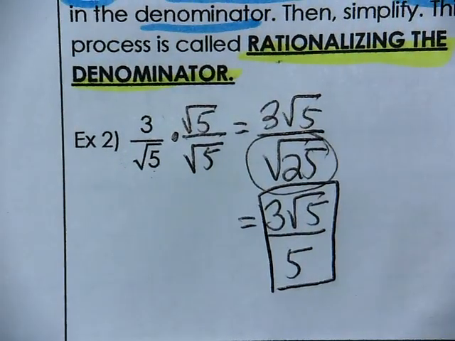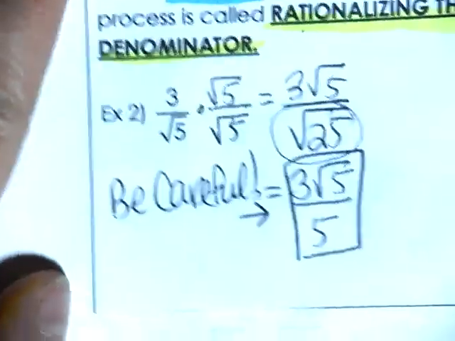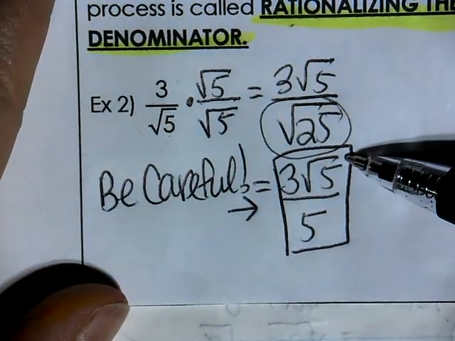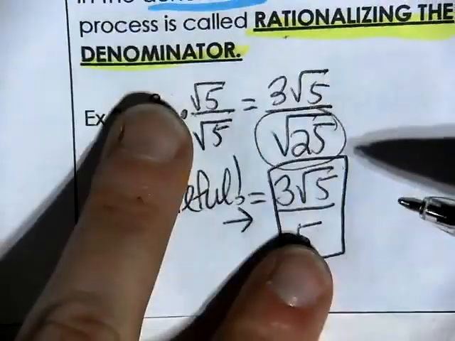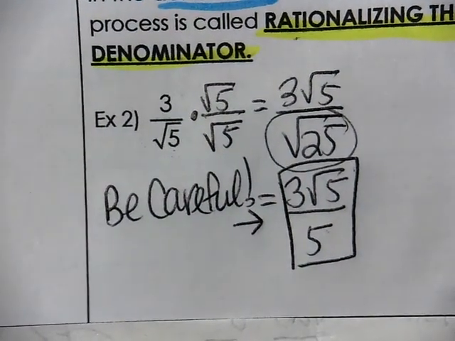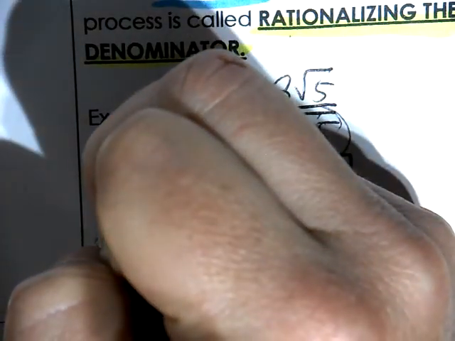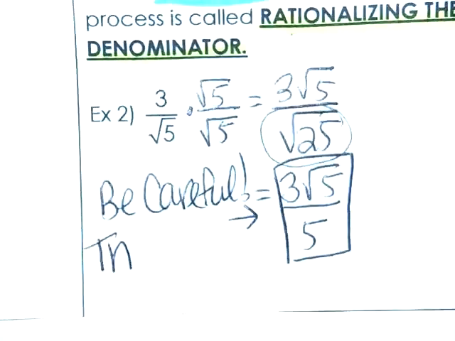I want you guys to please be careful. The square root of 5 and the number 5 are two different numbers. Do not cancel the 5s.